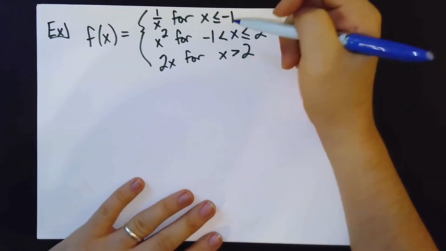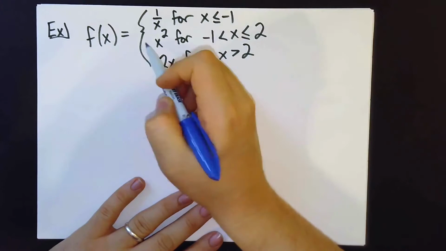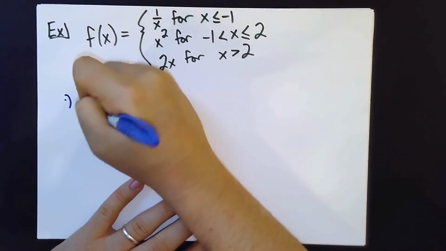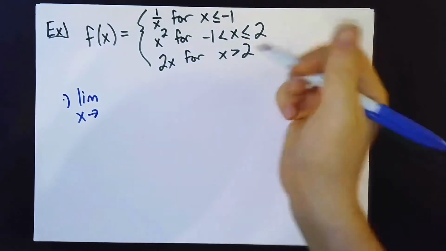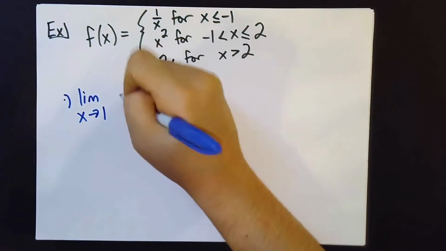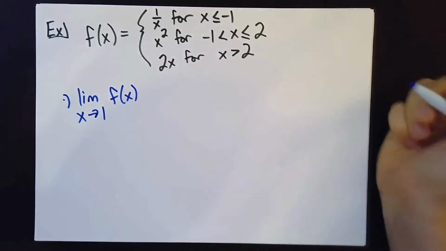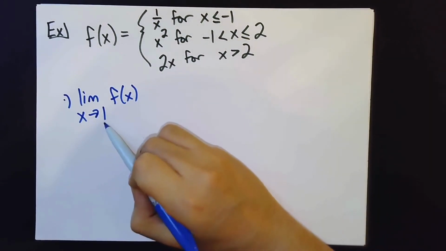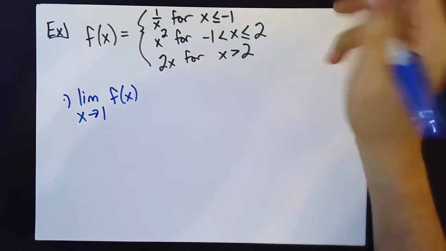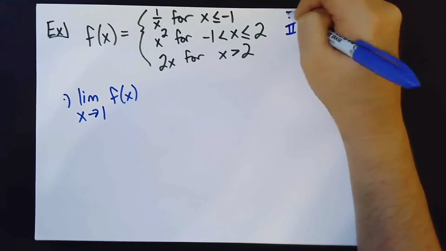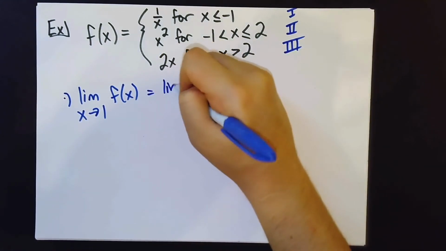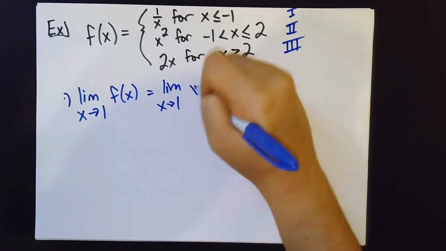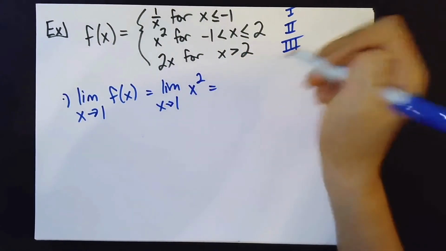If I want to take some limit involving this sort of piecewise function, I could take something like the limit as x goes to 1 of f of x. Okay. And where is 1? Well, 1 is sort of squarely in the middle of the second line here. And so this would be the same thing as the limit as x goes to 1 of x squared, which would just be 1.